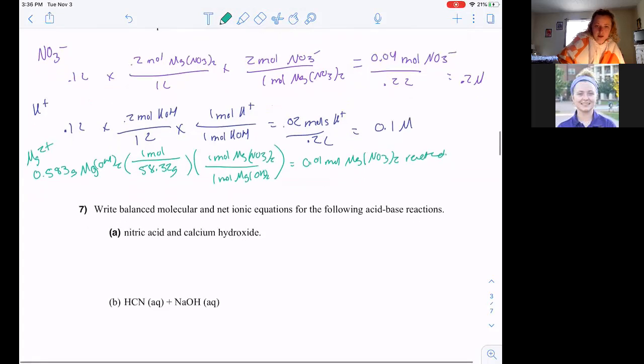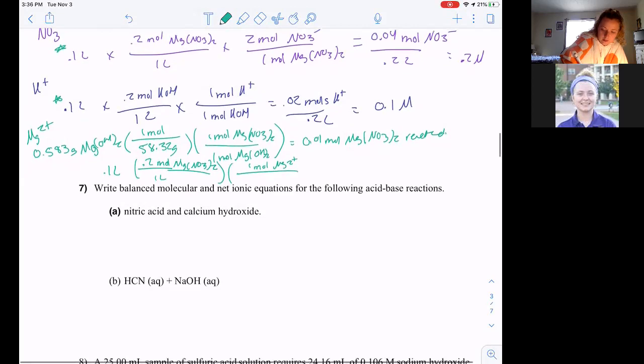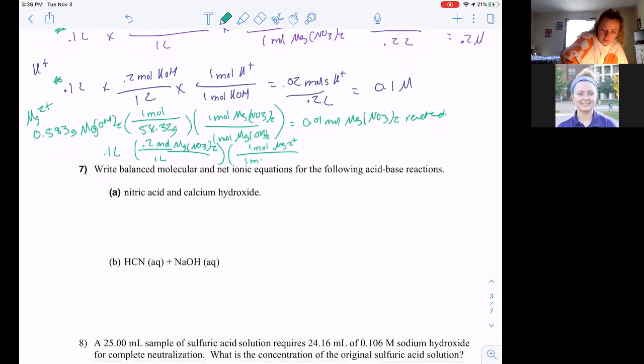So then we can follow the same steps as before up here, because we know how much is reacted. So we have 0.1 liters by 1 liter and 0.2 moles of MgNO3. We have 1 mole of Mg2 plus and 1 mole of MgNO3.